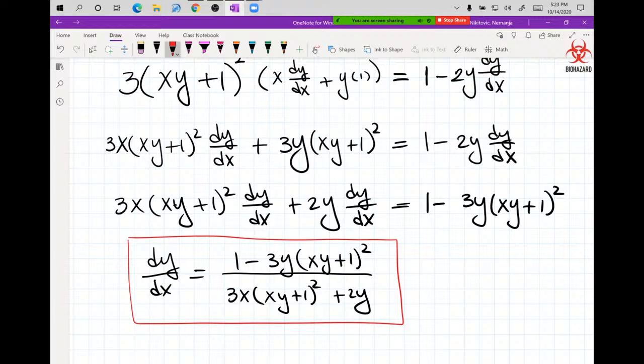Now go ahead, go to a graphing utility you like and graph that, see what it looks like.